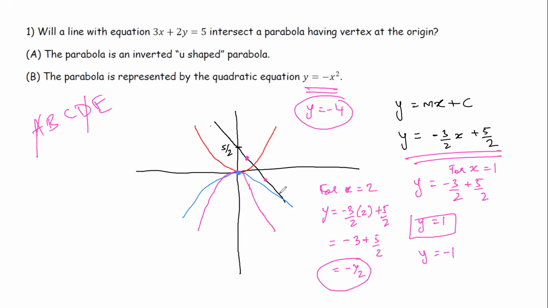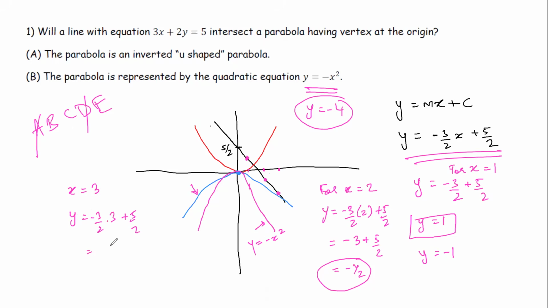So like that, you just test for 2, 3 points. So we'll try another point. This equation I'm saying is y is equal to -x square. Blue one we can ignore. So we'll take x is equal to 3. When x is 3, we get y is equal to -3/2 into 3 plus 5/2.